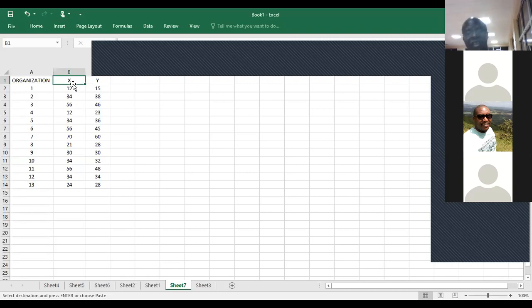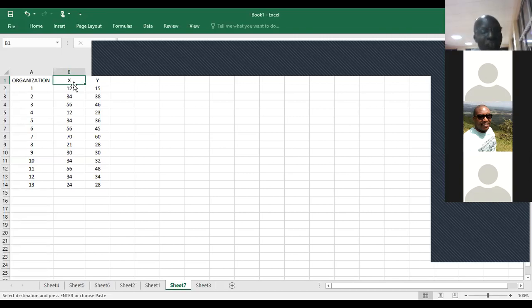But reality is not based on one independent variable. Sales volume movement is not affected only by advert cost. It's affected by quality of management, gender of the top management, among other things. So you may have more than one independent variable affecting Y. They could be 2 and above, so you have X1, X2, X3, X4, X5, whatever the number.